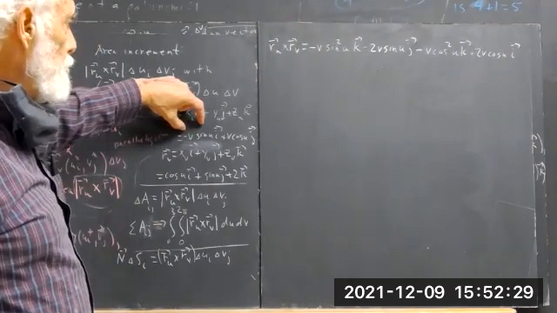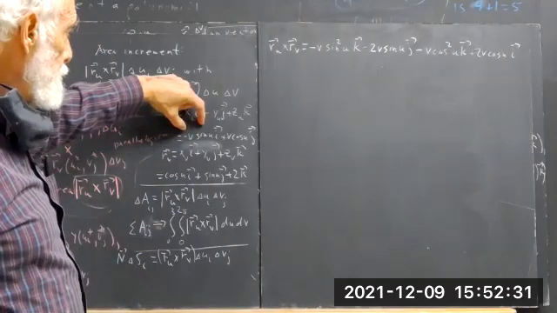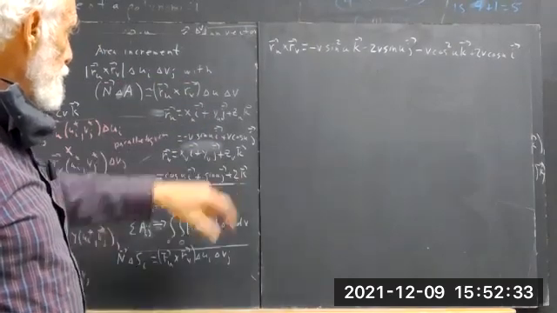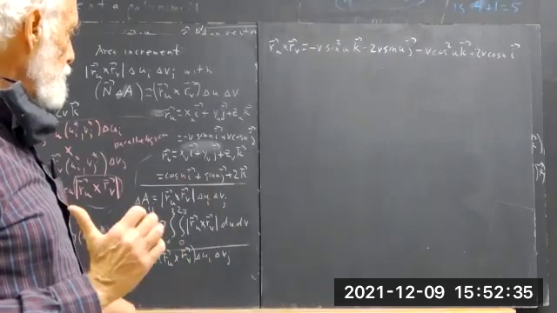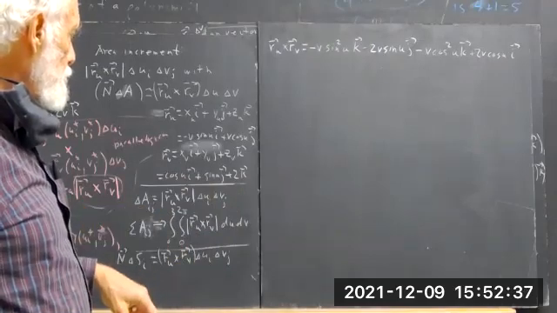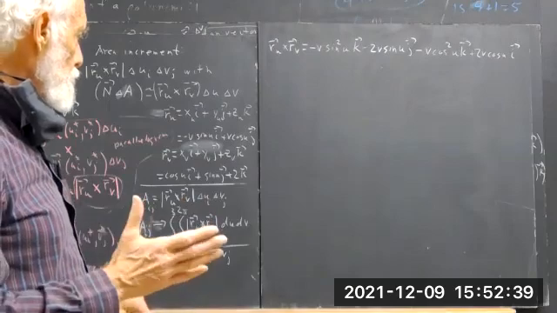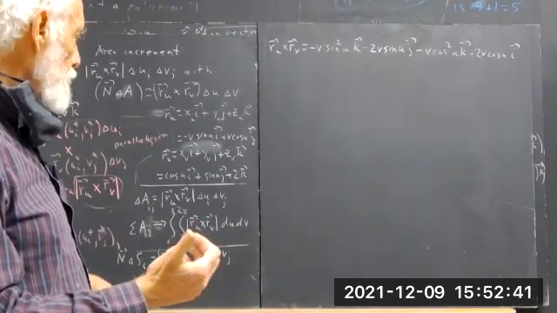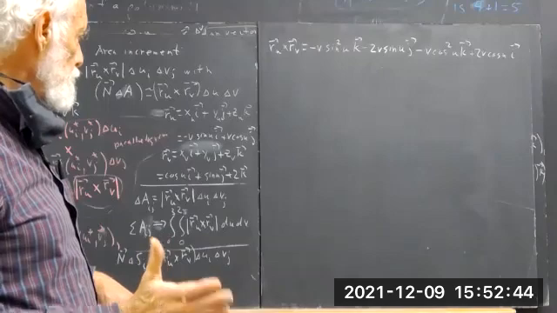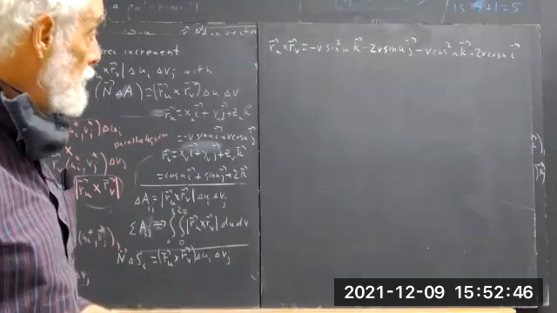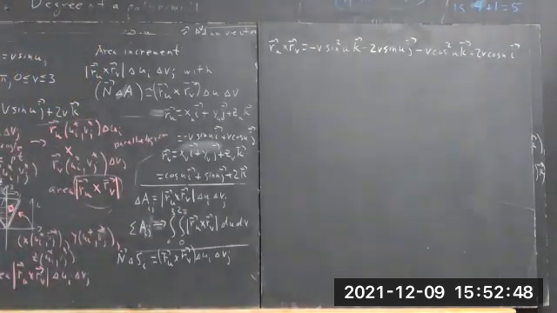Negative V sine U I cross 2K gives a negative J because I cross K is negative J. Okay, there's my RU cross RV.